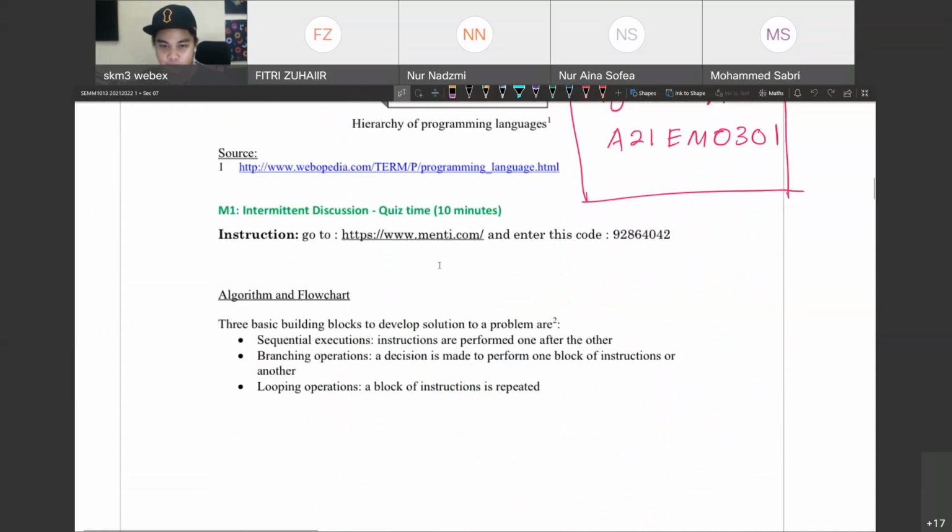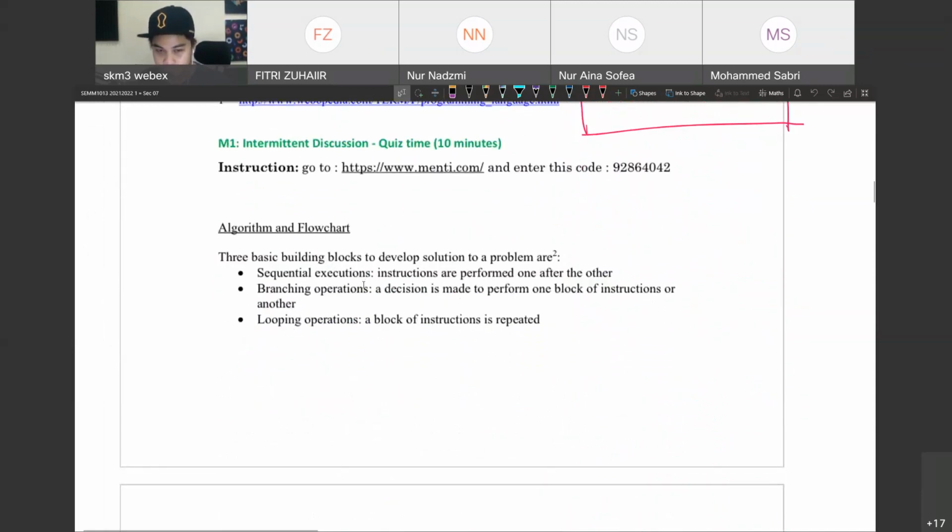Based on our quiz previously, today we're going to cover the algorithm and the flow chart. For your test, algorithm and flow chart will not be covered. Why do you need to learn them while the exam is not covering them?